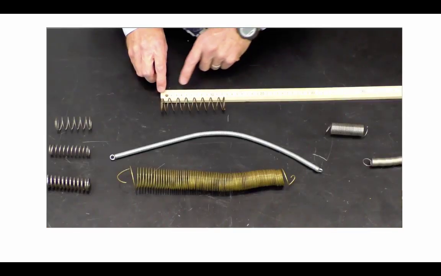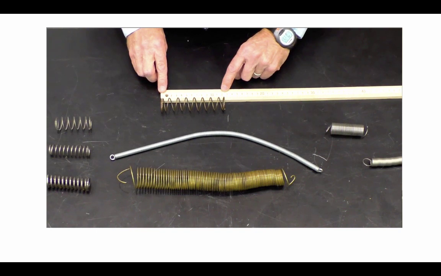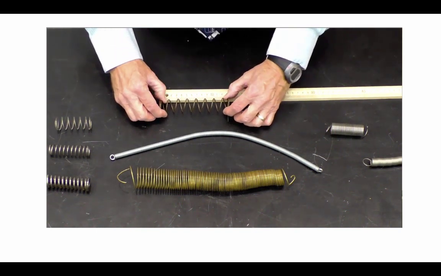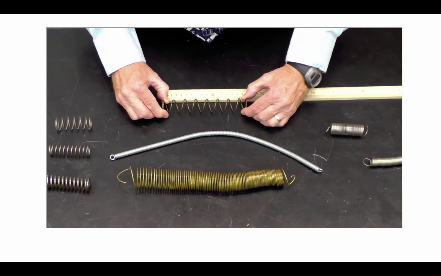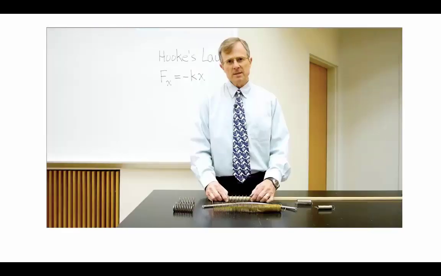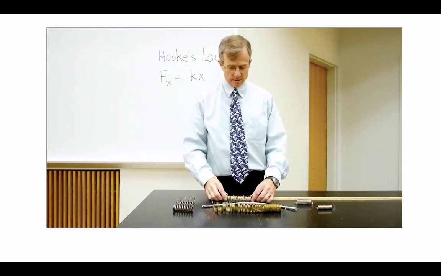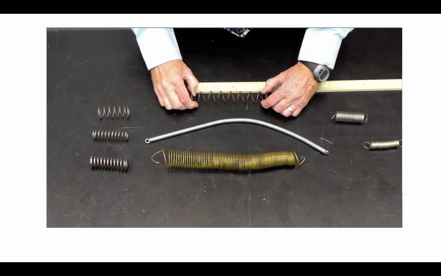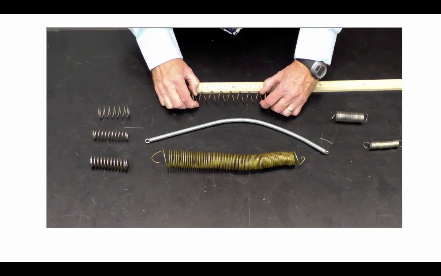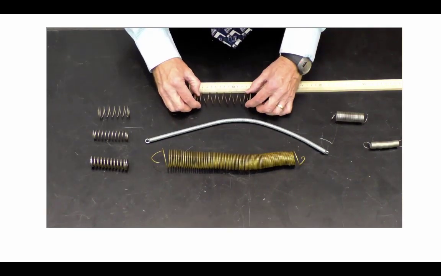So let's show, for example, for this spring, its equilibrium length is about 12 centimeters, as you can see here. If I stretch it out to a length of 17 centimeters, then in this case x will be 5 centimeters, from 12 out to 17. But the force that the spring exerts on my hand is opposite the direction that I displaced it.